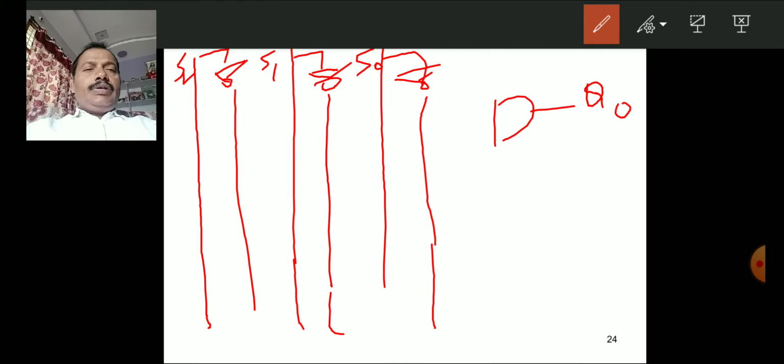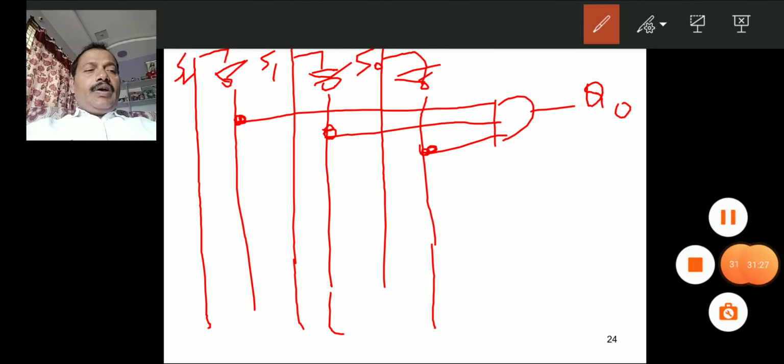So Q0 is according to equations S2 bar. This is the S2 bar. You have to connect S2 bar. Next S1 bar, S1 bar you have to connect. Next S0 bar you have to connect. Like this. So this is the way of connecting.